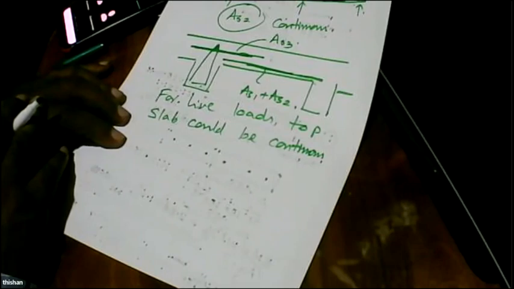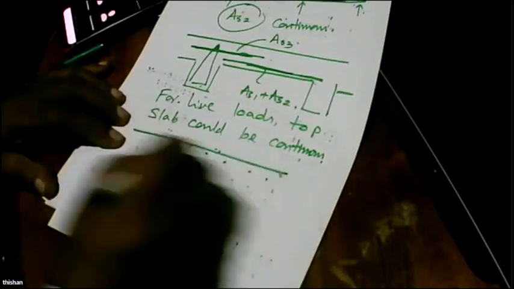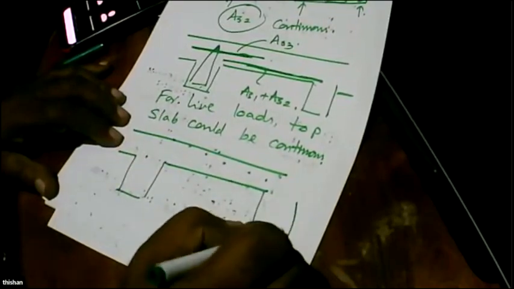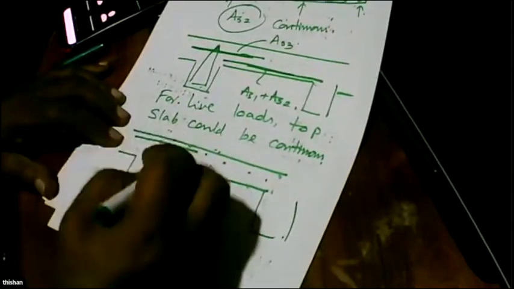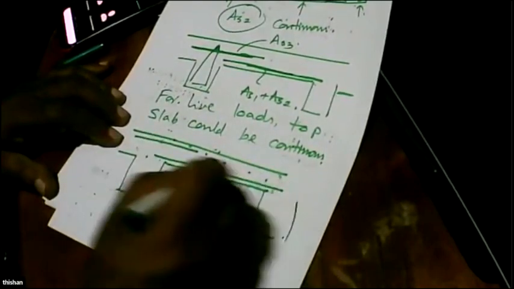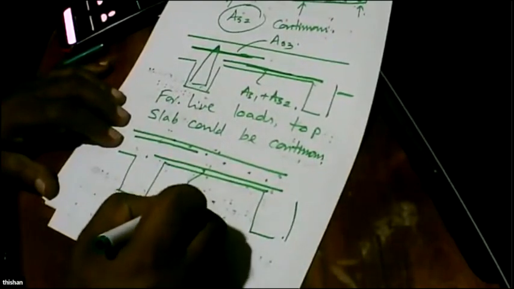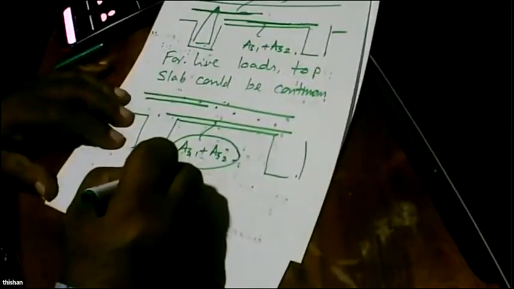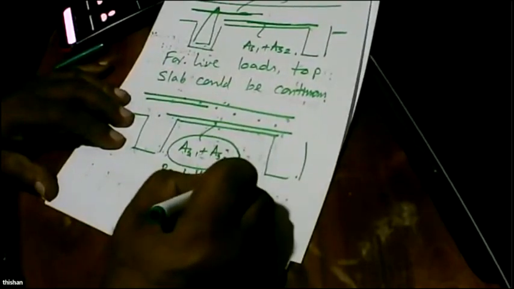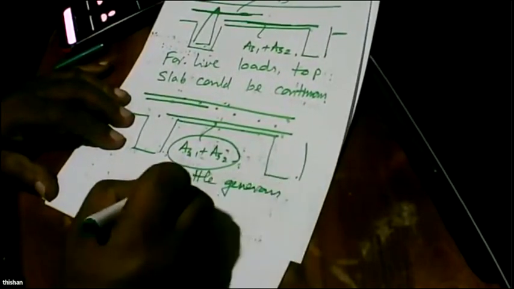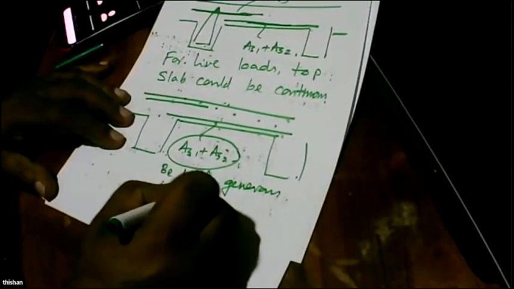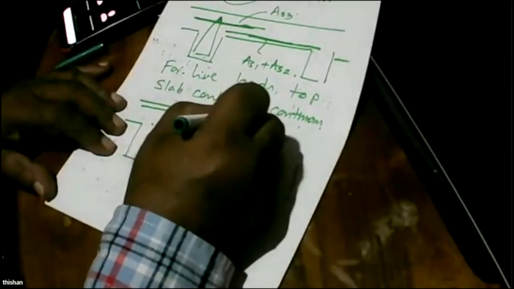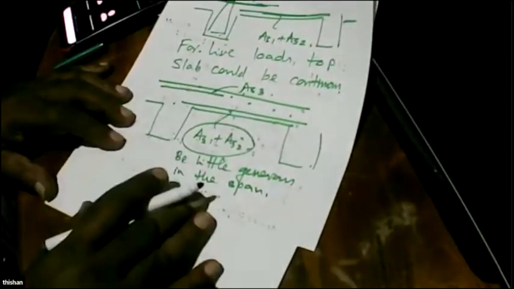Because we have a little bit of uncertainty, what is the method? Here and here we get AS1 plus AS2, and be a little generous here, in the span. Here you can get AS. Is that clear?